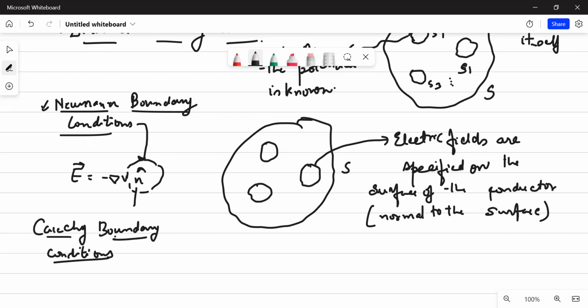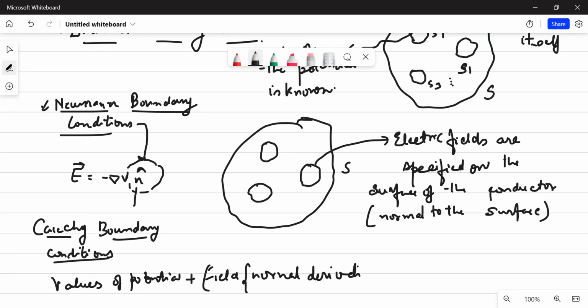Okay. So there's a possibility that both the values of potential as well as electric field, or you can say the normal derivatives of the potential, are specified. अगर ऐसा है तो क्या होगा?